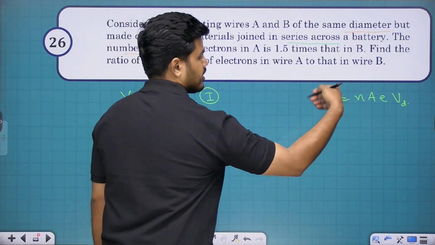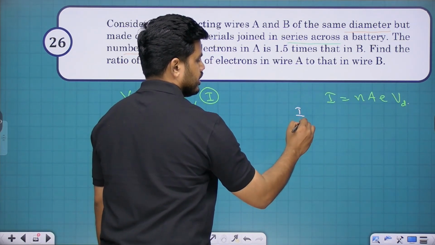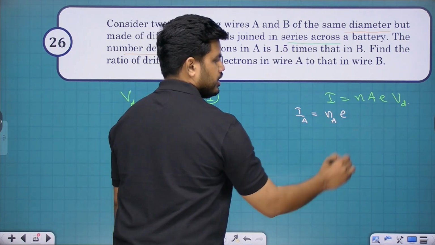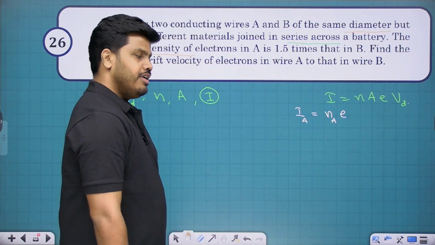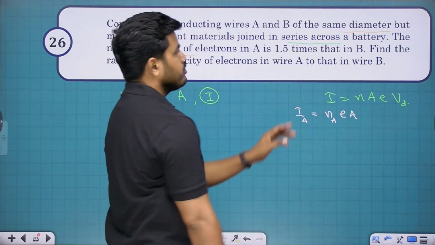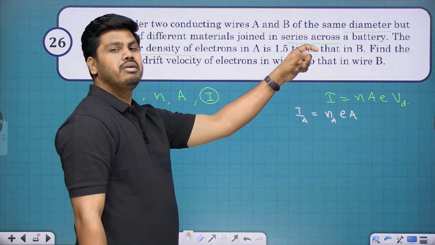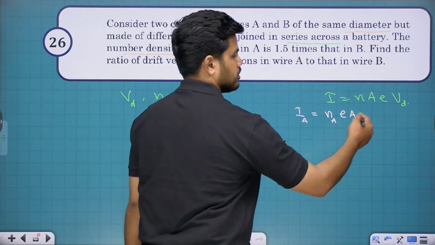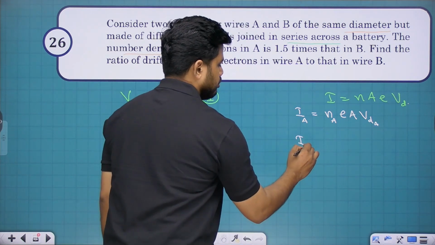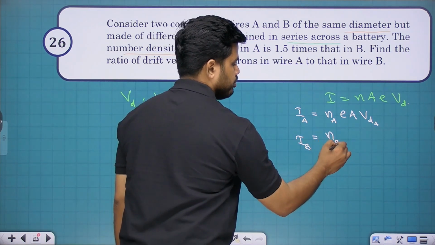So for the first wire, I of A is equal to N of A, E is the charge of electrons, so that is same for both the wires. Area of cross section is also same for both the wires because it is given as same diameter. And V D of A. I B is equal to N of B.